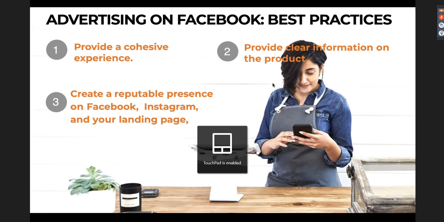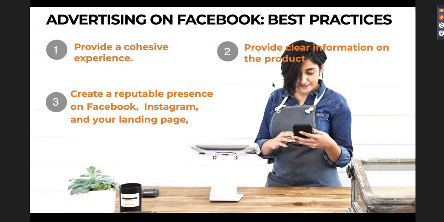Three, create a reputable presence on Facebook, Instagram, and your landing page, such as providing information on how customers can contact you with questions. If there are any kind of queries, they should be able to reach out to you. If your business is new to Facebook or Instagram, use organic presence to provide information about your business and demonstrate trustworthiness.